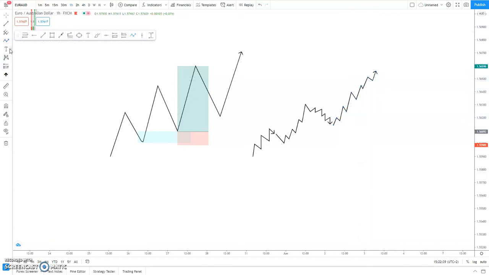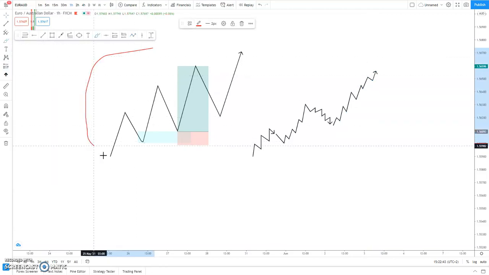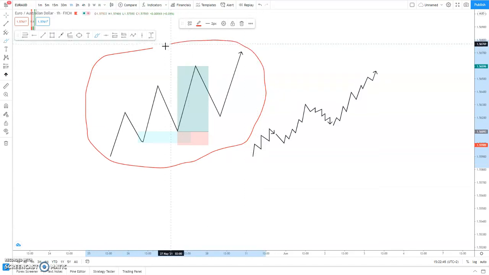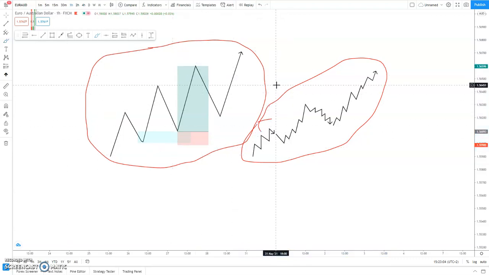Obviously the market won't always be moving this clean. If this is a 4 hour and you go down to the 15 minute, 5 minute, this is how the market will be looking within each of these waves.